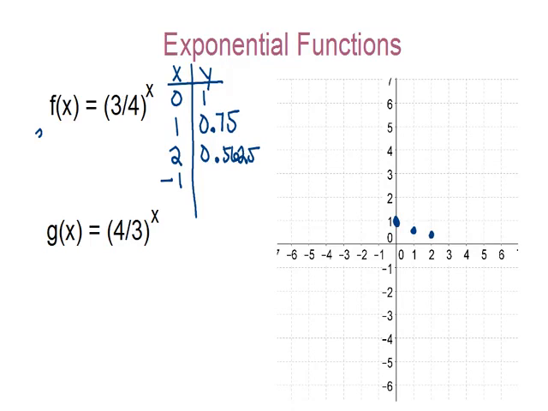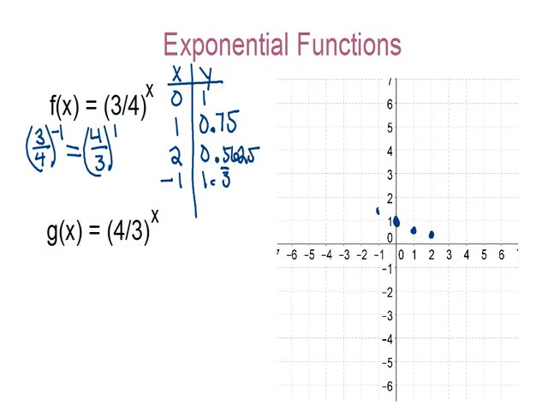So if x is -1, we can think about this 3/4 to the -1 power. Well, if I want to make that negative power into a positive, I flip the fraction. So that's 4/3 to the first power. So that's why this one is going to be around 1.3 repeating to graph it.